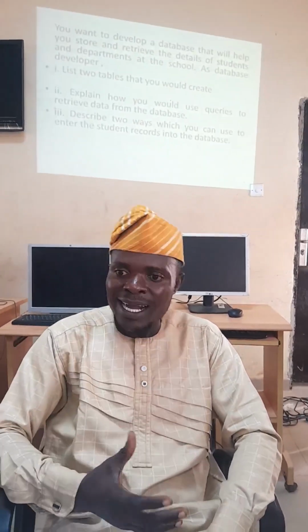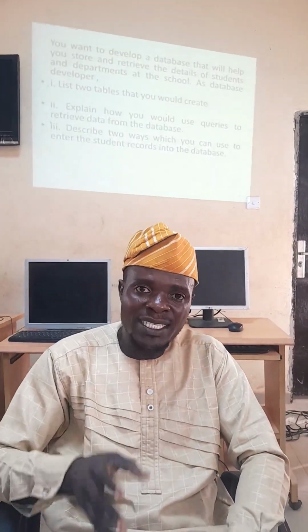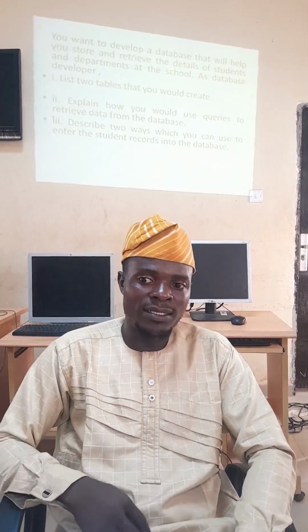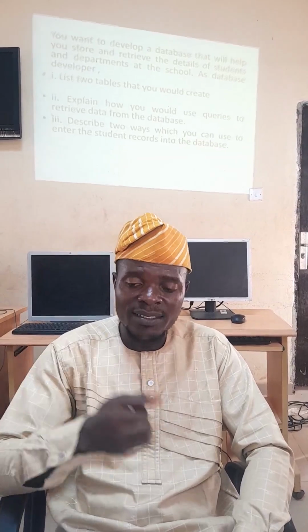So in this database that is talking about students and departments, it is obvious we are going to have a student table, where we have the information of students, and a department table, where you have information about departments. So those are the 2 tables required in this assignment.